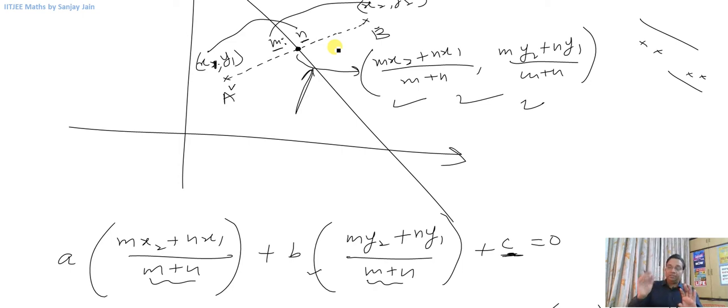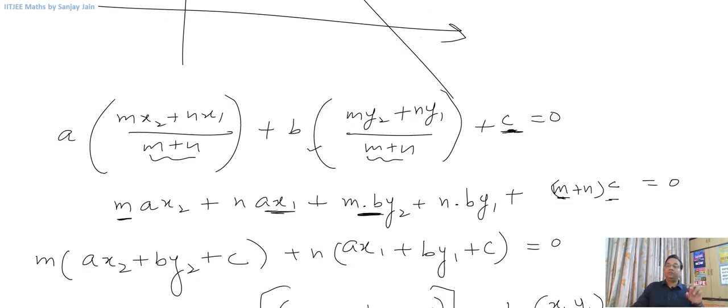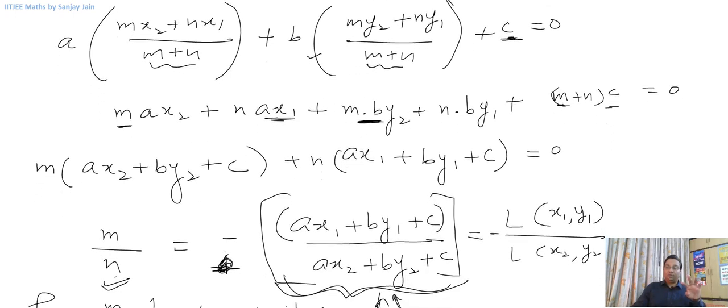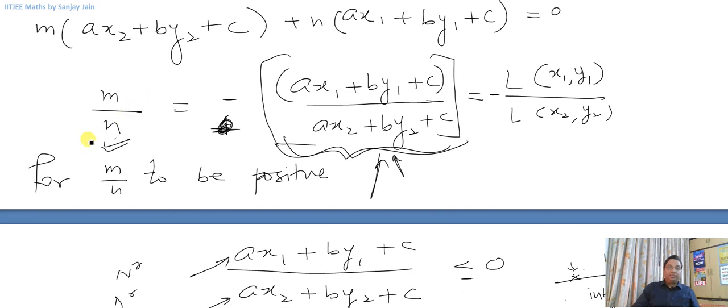M is to n is positive, so we can say when m is to n is positive, the points lie on opposite sides of the line. So when m is to n is positive, this expression inside the bracket has to be negative, because there is a negative sign outside.